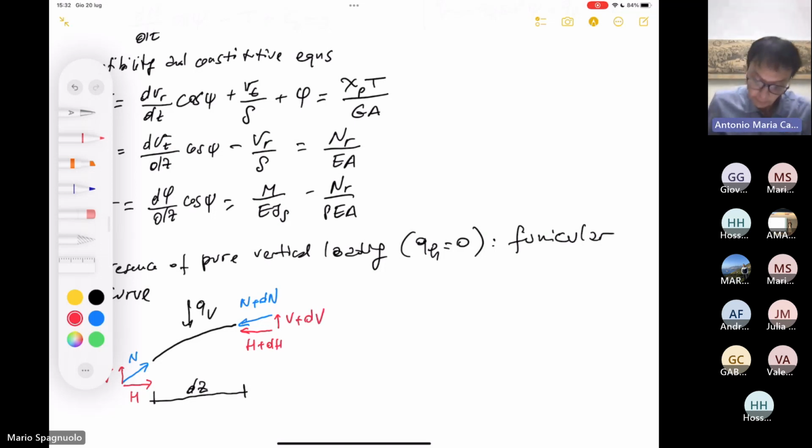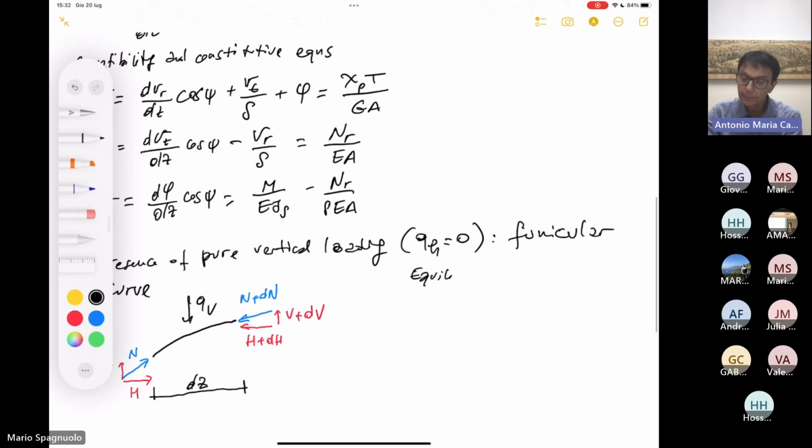Now what we want to do is write the equilibrium equations of the arch in this element of arch. We want the horizontal and the vertical equilibrium.